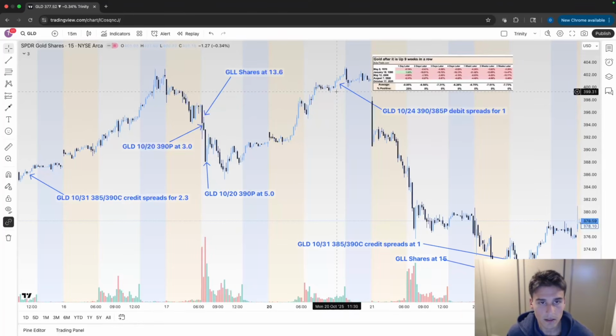So what I ended up taking on that Monday was these debit spreads, a 390, 385 put debit spread for one. They were a dollar near the close, not quite at the close, but close to it.